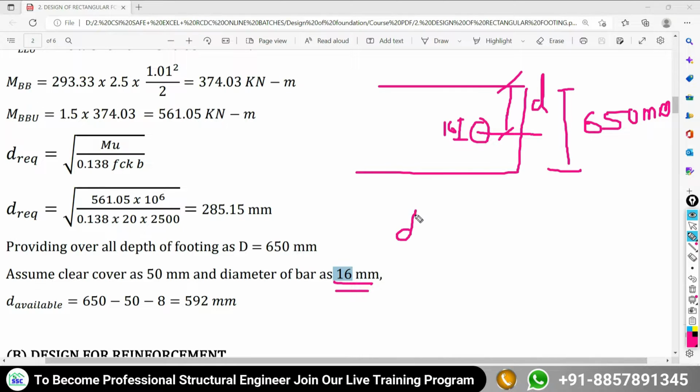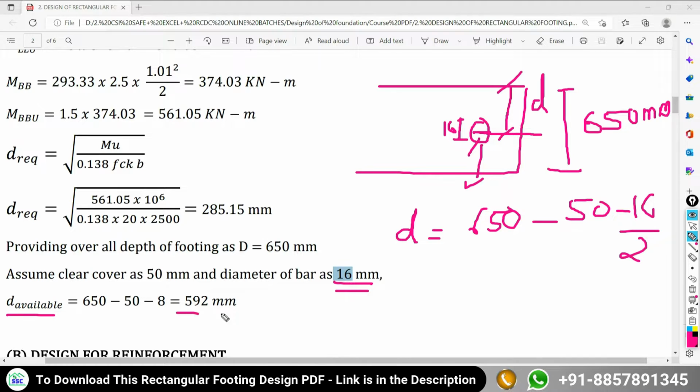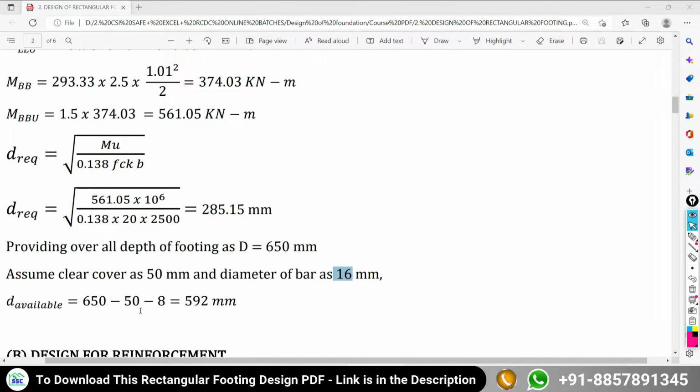That will equal the total depth, 650, minus the clear cover, 50, minus half of the diameter of the bar, 16 divided by 2. If you put in these values, you get the available effective depth as 592 mm. In every step of the later calculation, we have to consider the effective depth as 592 mm.